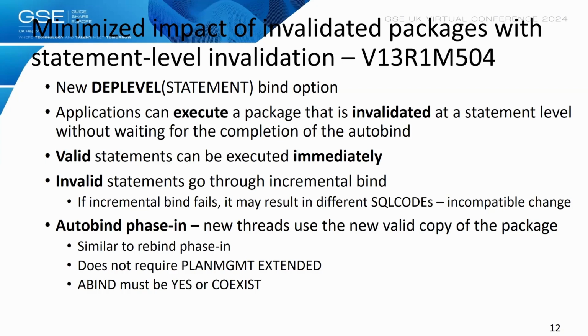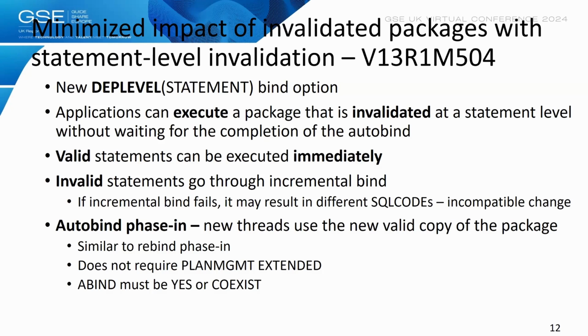That functionality is similar to what was introduced in 505 in V12, which means that the new connections or new threads will use the newly bound packages, newly bound statements, and the existing ones will keep using the existing. I don't have much experience with this, but I see big potential. Apparently, this might be tricky because most likely you don't want to have this DEPLEVEL for all packages, but maybe it makes sense for some where you see some issues with contentions, binds, DDL changes, and so on.